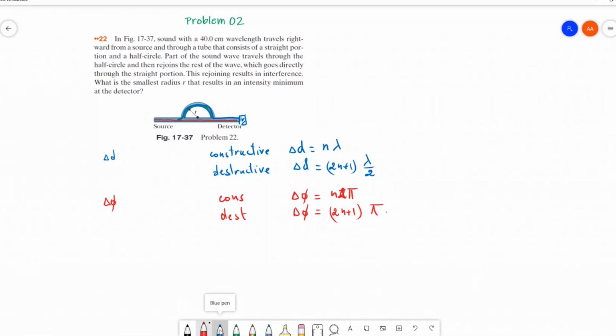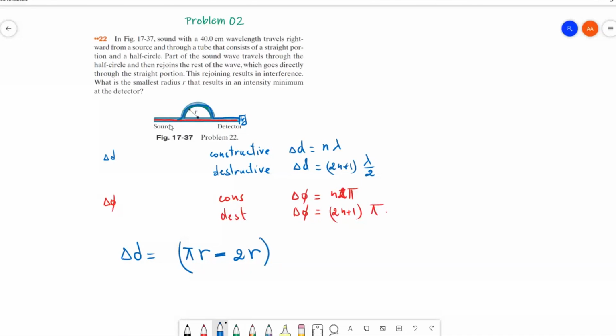What's delta D here? One is taking this length, the other is taking this way. The difference between the two distances: here they are the same distance, here the same distance. So it's only here. One has pi multiplied by r, and the second is minus this distance here, which is twice r.